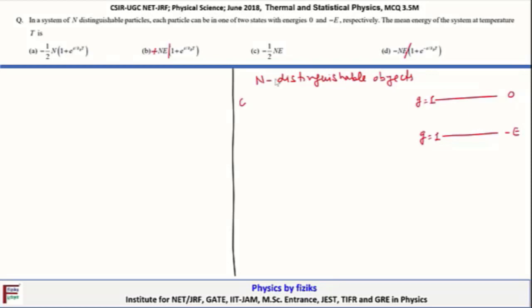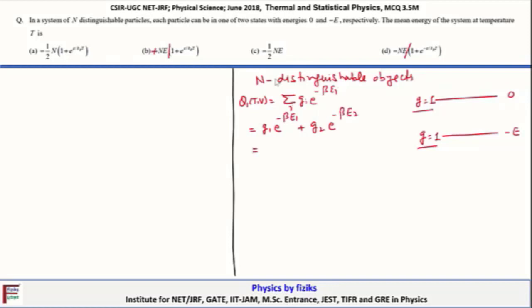So the partition function for a single object, Q1(T,V), is equal to the summation over i of g_i exponential minus beta E_i. Because g is given to be unity here, this can be rewritten for the corresponding energy levels as g1 exponential minus beta E1 plus g2 exponential minus beta E2.